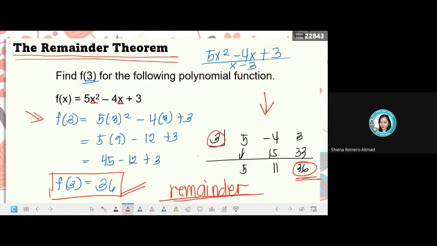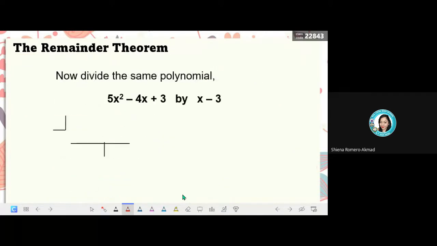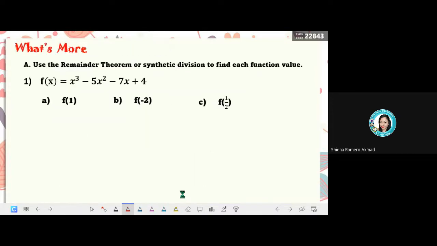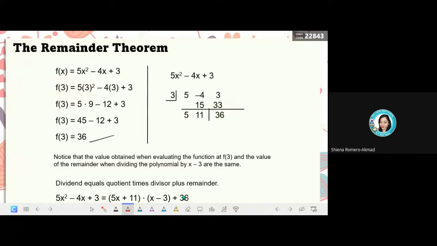Okay? So that is the last topic natin ngayon. So, ganun lang, substitute lang natin siya. So, as you can see, kinumpara niya yung dalawa. Pareho lang naman pala. So, pwede natin gamitin kahit alin dyan para makuha yung remainder. Okay?